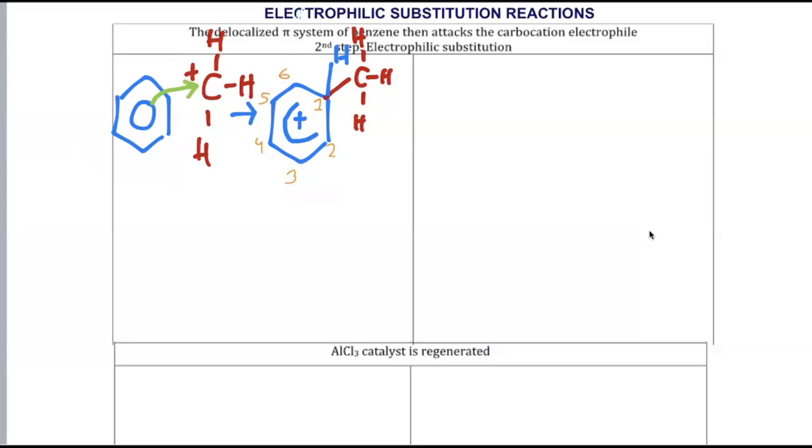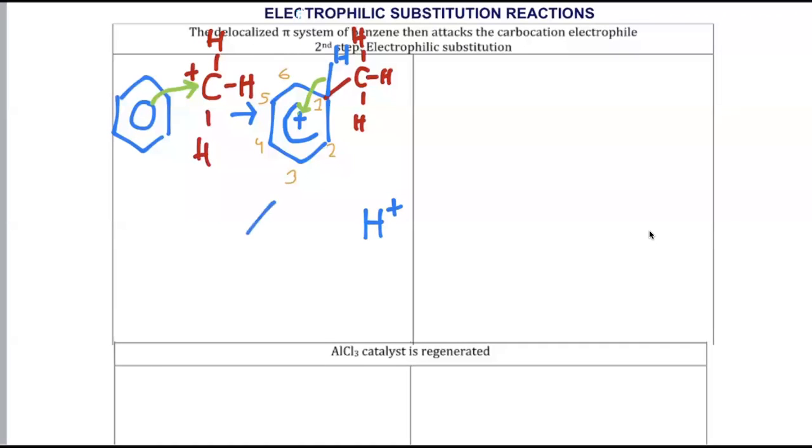The next step is to restore the delocalization, and the only way you can do that is by breaking the carbon-hydrogen bond and donating the electrons to the positive center. Electron is negative, combined with the positive charge, it becomes neutral. Your hydrogen is released as H plus.